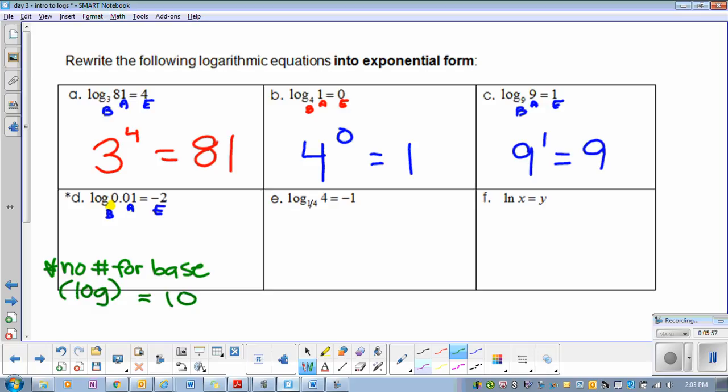If there is no number written there and it's spelled out log, the base is 10. That's because for the common log, the base is 10. It's like how you don't have to write a 2 when you have a square root. So 10 is your base. What's the exponent? -2 equals, what's my answer? 0.01. Is that good? Yes. Let's try the next one.